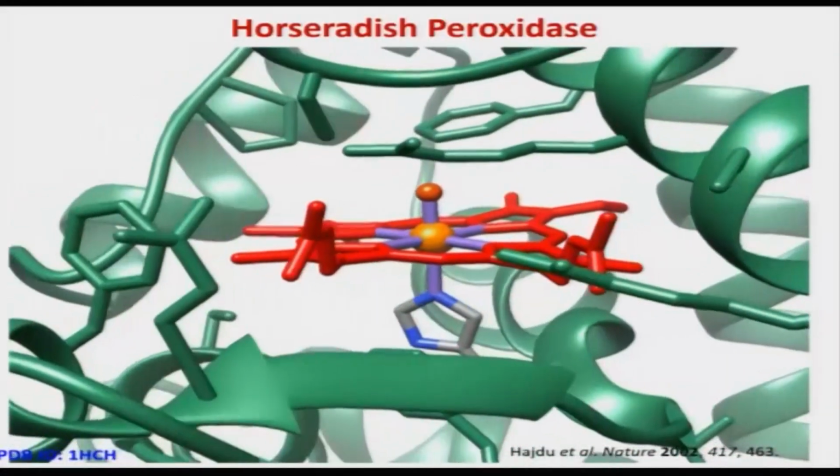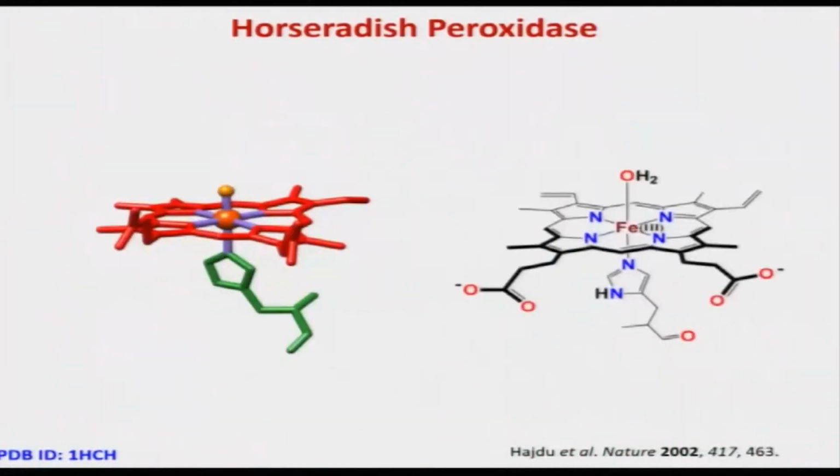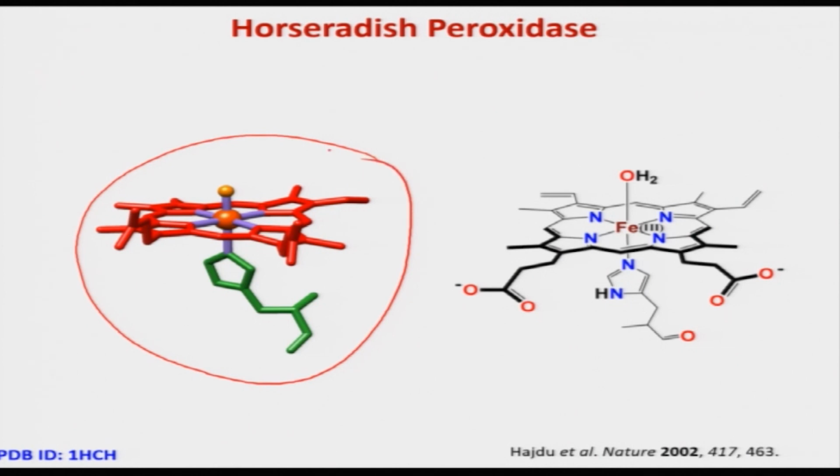I will discuss this in detail. If I remove the protein, you see the heme center, the iron sitting in the plane of the porphyrin ring, the histidine moiety, and the sixth position, as I have said, weakly coordinated to a water molecule.